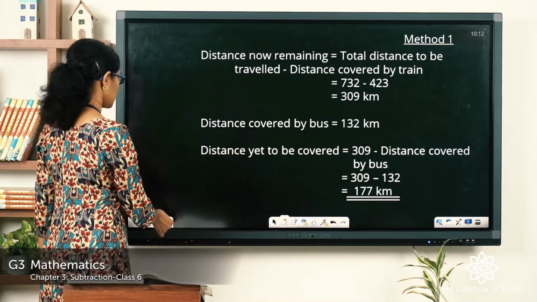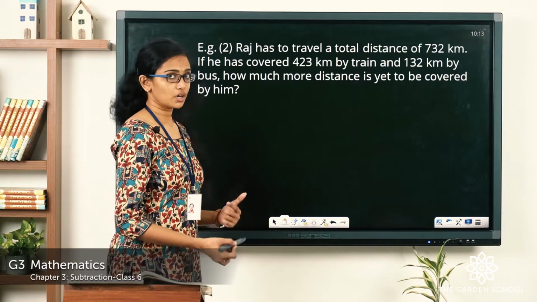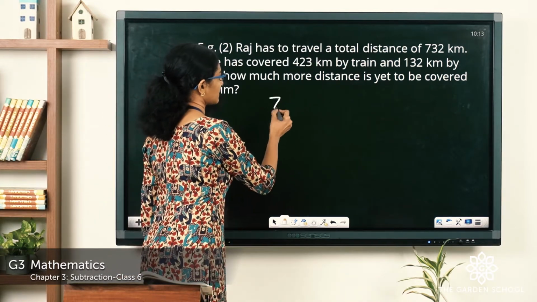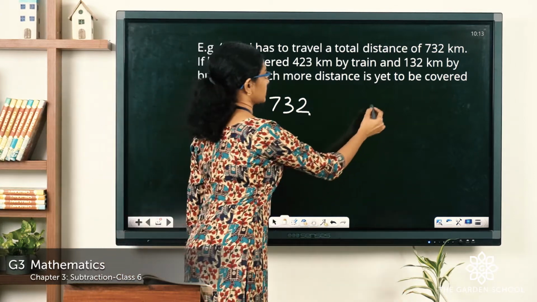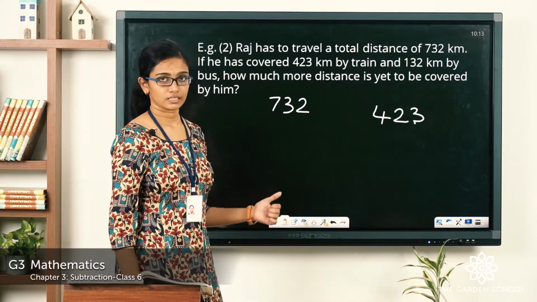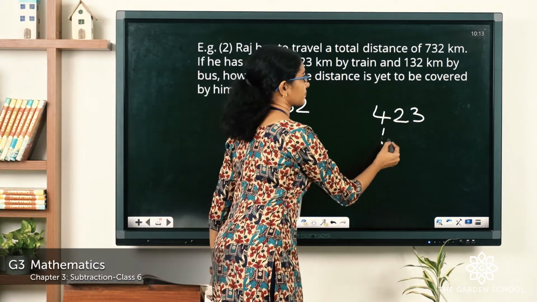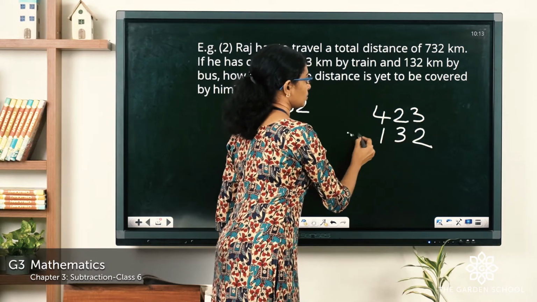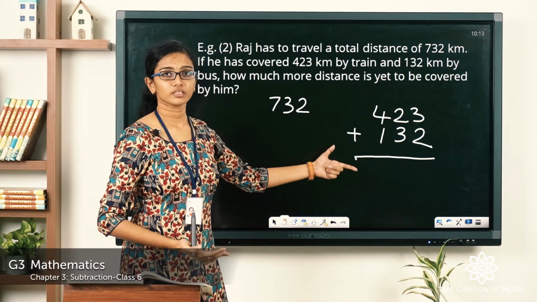Now let's see this word problem in a different method. So initially, what is the total distance to be covered? It is 732 kilometers. What is the distance traveled by train? It is 423 kilometers. And what is the distance traveled by bus? It is 132 kilometers. Now what is the total distance traveled by the train and bus together?